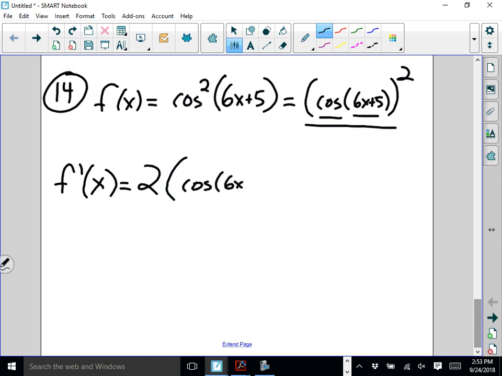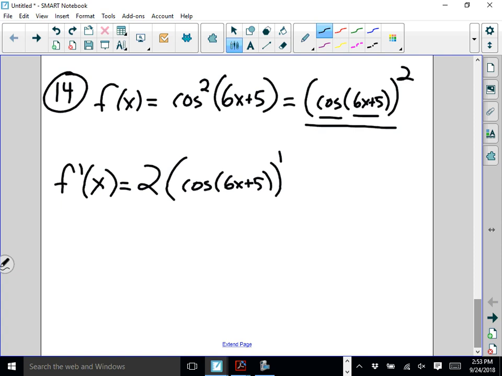Now you don't need to write that power of 1 up there, because we don't need to write the first power. I just want to put it there so we're conscious of it and remember it. If it was cos cubed of 6x plus 5, it would be 3 cosine of 6x plus 5 squared. Okay? That's the derivative of the outside with respect to the inside. Notice I didn't change anything about the inside. I just did the derivative around it, kept the inside the same.